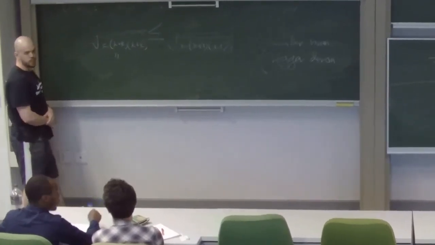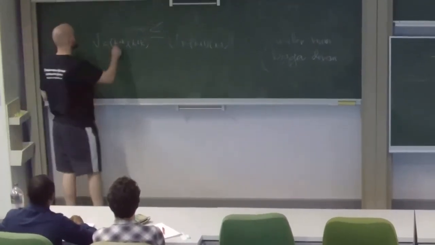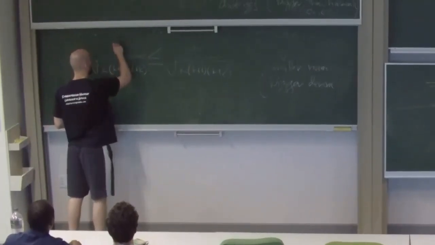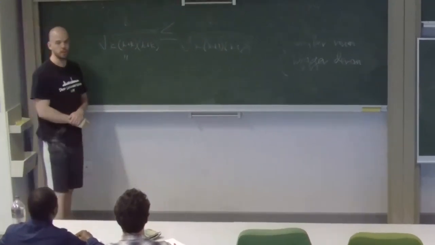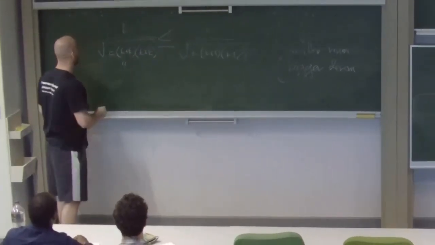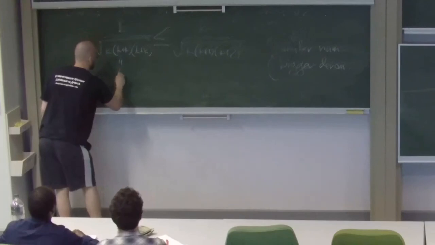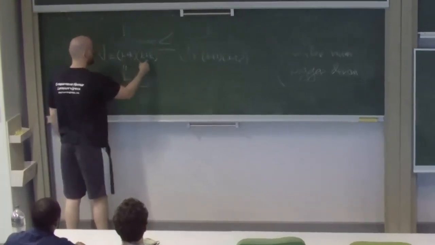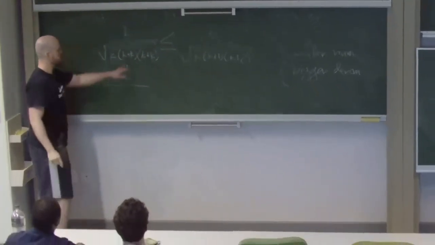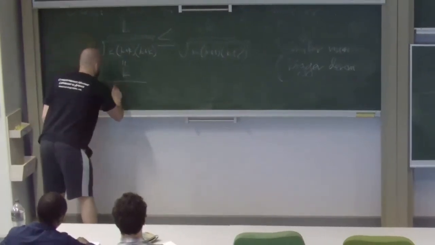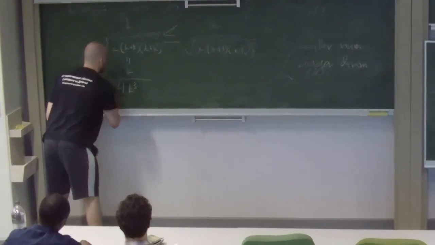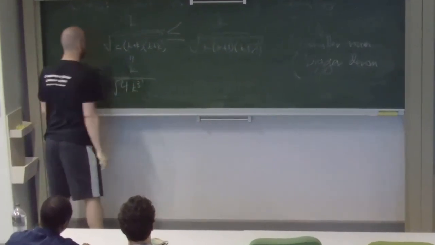I actually want to keep my k. That was a bit silly of me to do right away. Sometimes you get a little overboard. So that's going to equal, I have 2k, 2k, so 4k squared times k is 4k cubed, right? So I have the square root of 4k cubed.